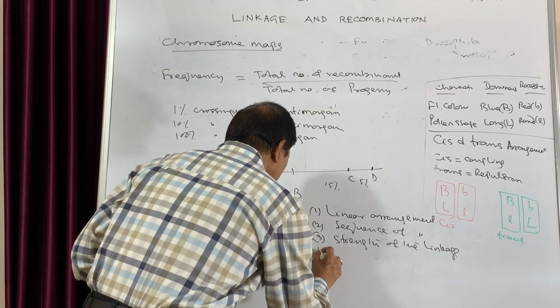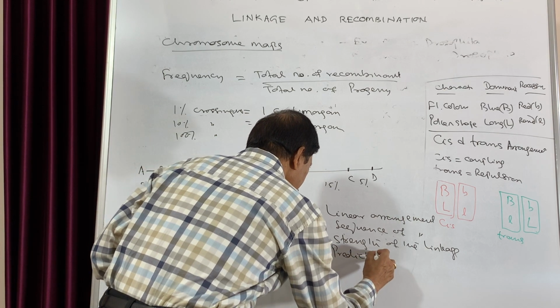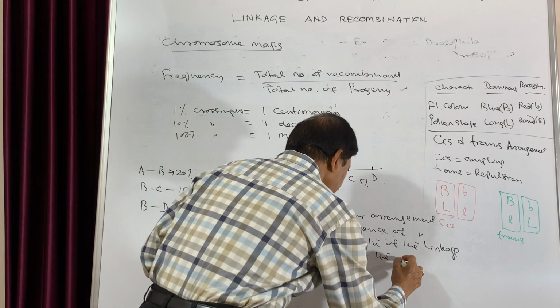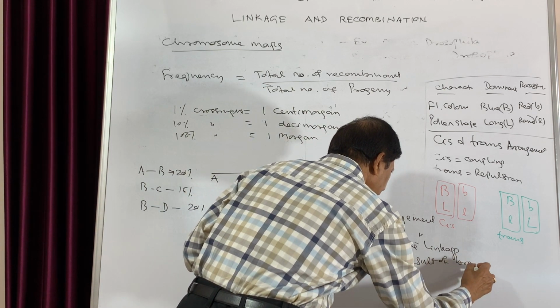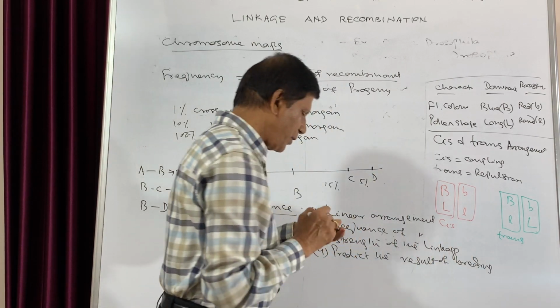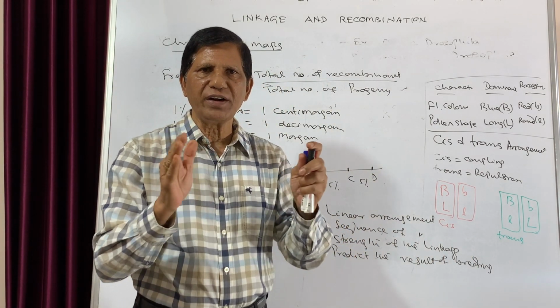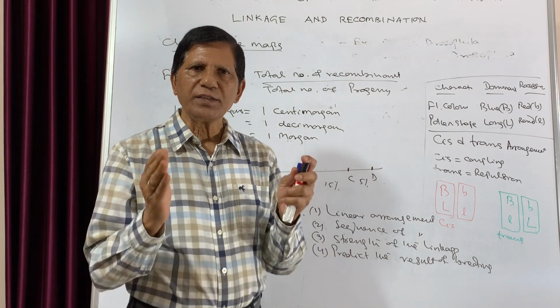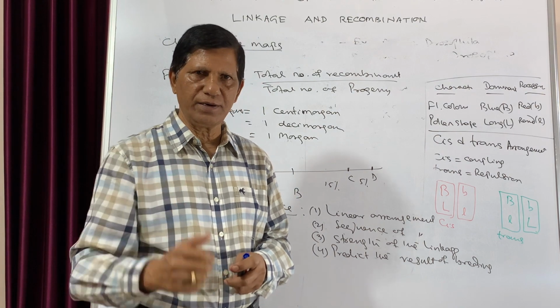And another important thing, we can predict the result of a breeding. Suppose we have made a cross between two plants having two different characters. Whether these characters will combine together or not can be predicted.